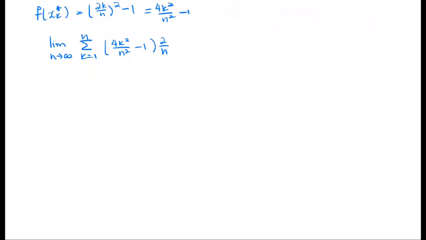So that is also the same as saying the limit as n approaches infinity of the sum k equals 1 to n of (8k squared minus n squared times 2) over n cubed.